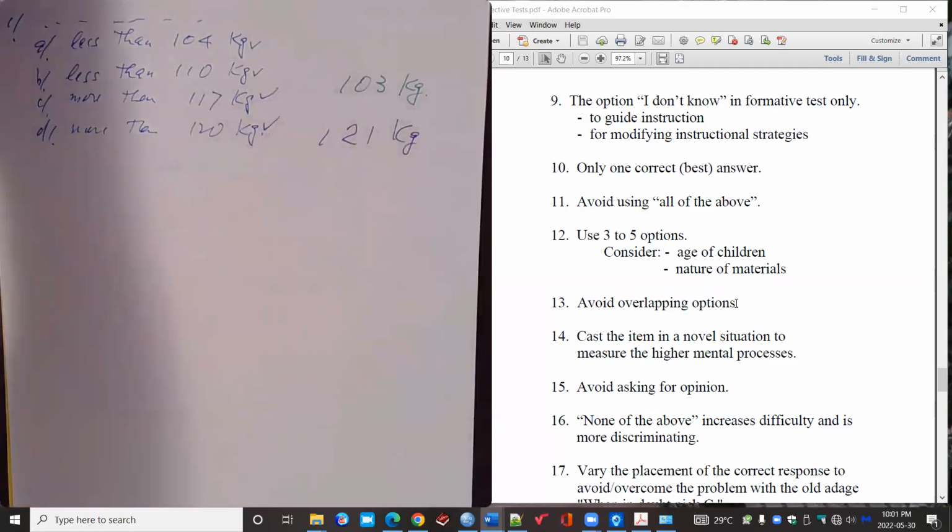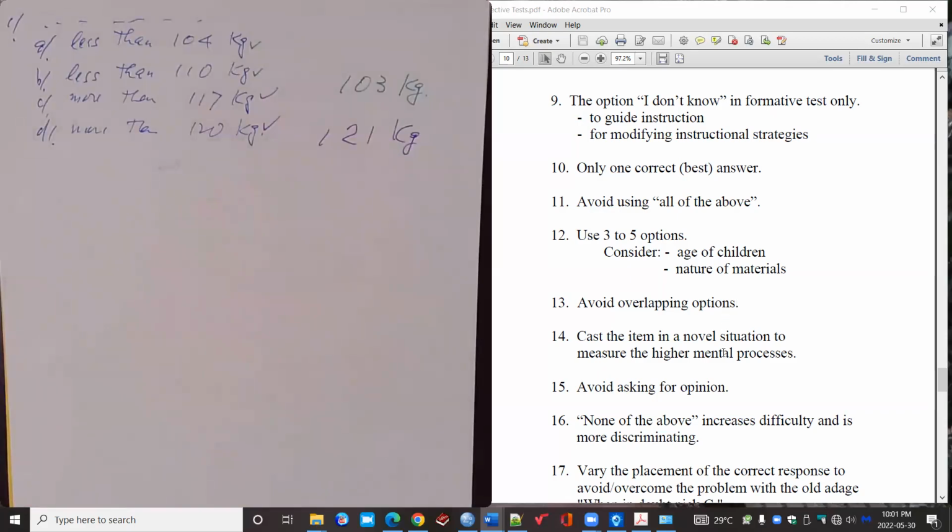So avoid overlapping options, especially in mathematics, or if you use relational statements, like less than, more than, that type of thing. So be careful.